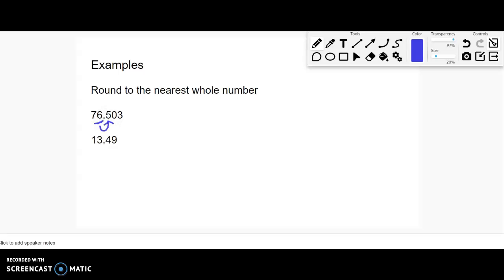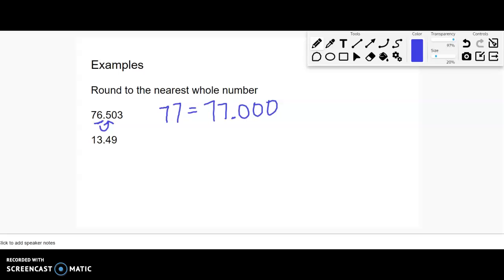What does 5 tell me? Tells me to round up. So my 6 goes up to a 7. Everything in front stays the same. And then I can either write just 77 or I could write 77 and 0 thousandths. Those two things are equal, so I could write either one.